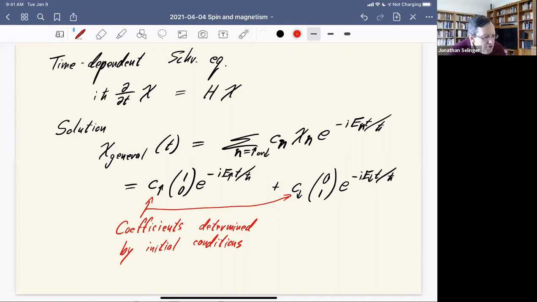So then, we have to make up some initial condition.